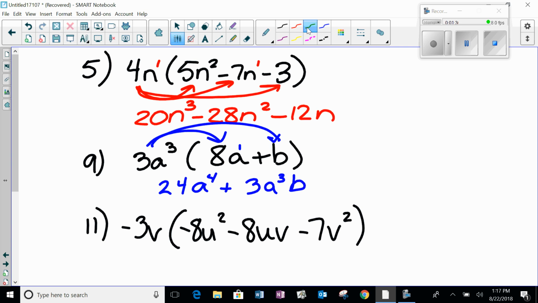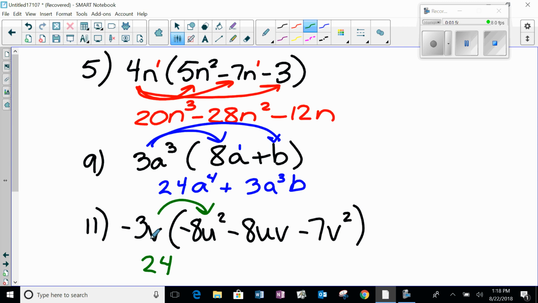Okay, our next example is negative 3v times negative 8u squared minus 8uv minus 7v squared. So we're still going to use the distributive property. So we're going to have negative 3v times negative 8u squared. So negative 3 times a negative 8 is a positive 24.